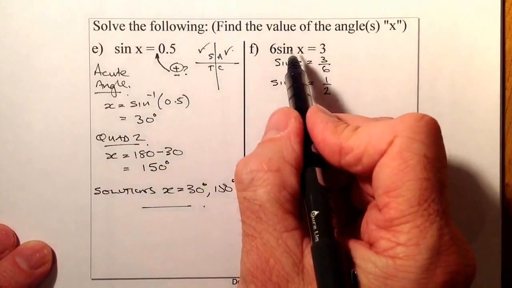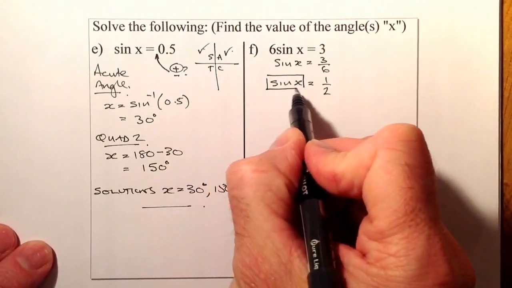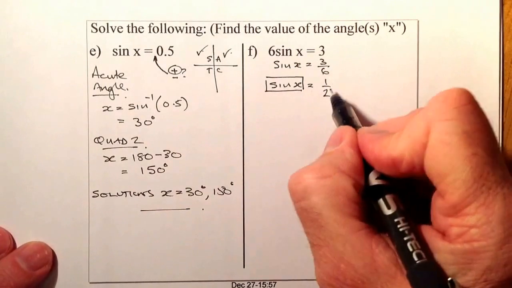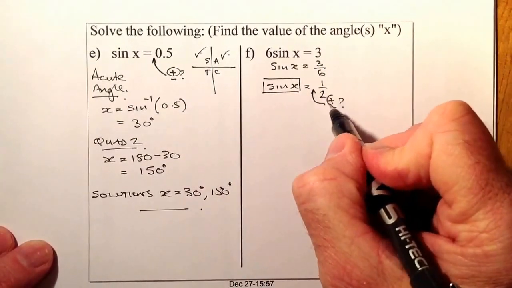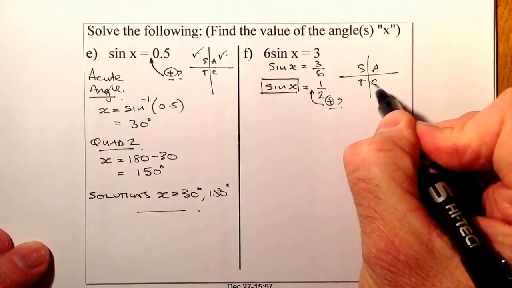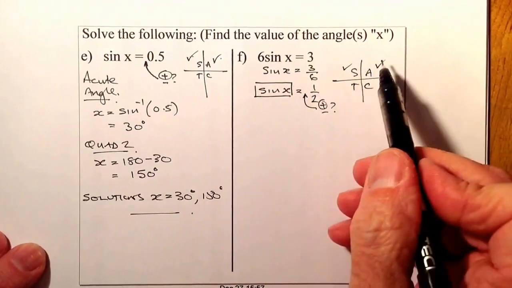So really what I'm trying to do, remember, is just get sine x on its own with a value on the right hand side. So again, all I'd be doing is looking in there, is it positive or is it negative? It's a positive number. I'd then be thinking about the CAST table, and looking at where I'm going to find my values. If it's positive, it's in there.